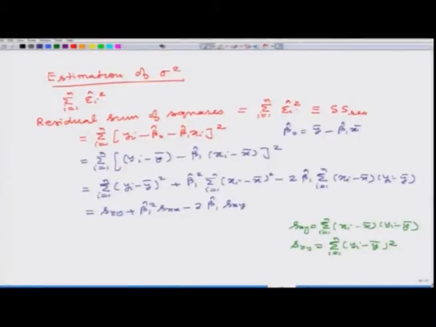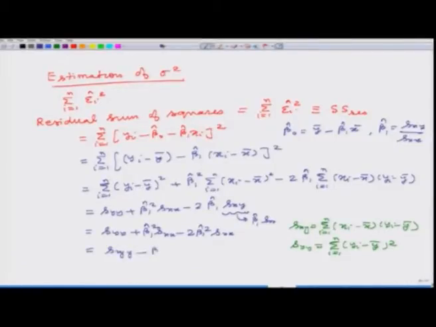And we had seen that beta 1 hat is Sxy over Sxx. So, I can write Sxy as beta 1 hat times Sxx. So, this becomes Syy plus beta 1 hat square Sxx minus twice beta 1 hat square Sxx. So, this can be written as Syy minus beta 1 hat square Sxx.